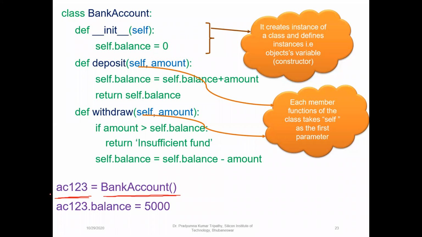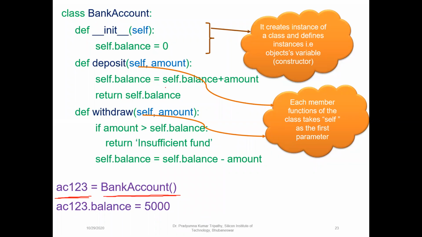So you may create a number of objects. For every object, an attribute will be created. Suppose I am calling SC123 dot deposit 1000. What will happen? self dot balance is equal to self dot balance plus amount.